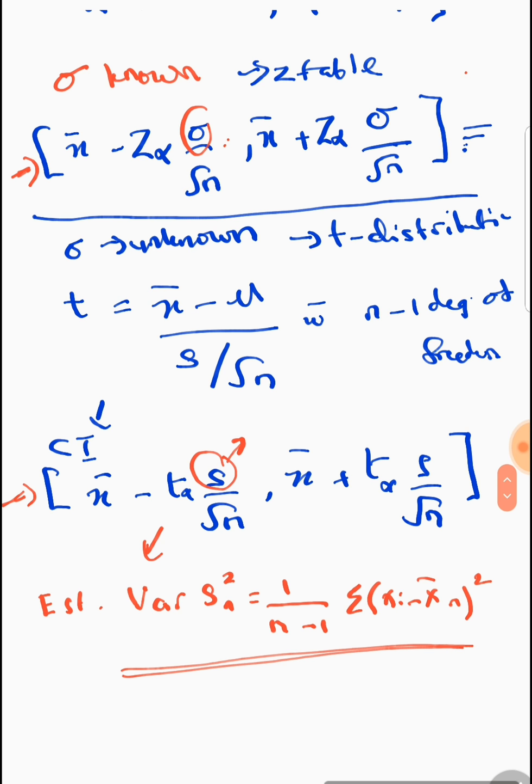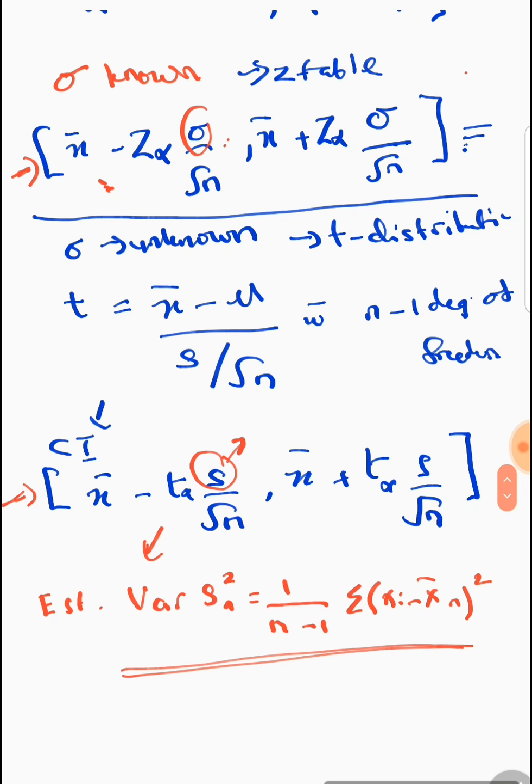Please note that in some other references, even when sigma is unknown and they mention the standard deviation, you might see that they actually use the z table formula.